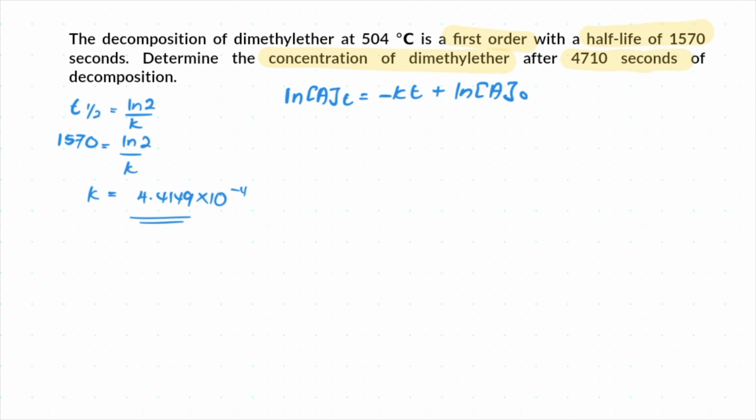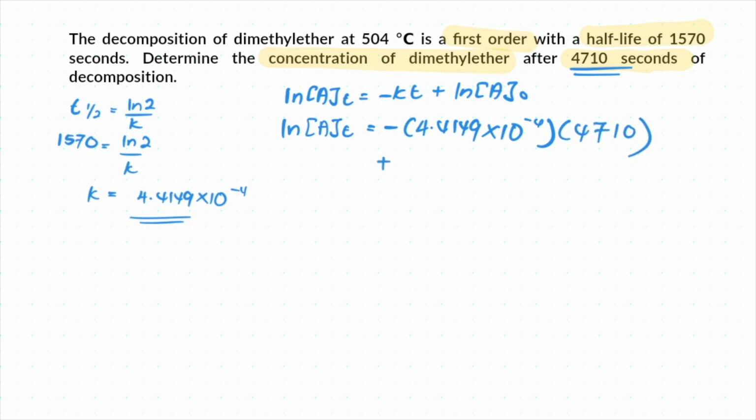So your ln At is equivalent to negative K, which is 4.4149 times 10 to the power of negative 4, and your t is 4710 seconds, plus ln 1.